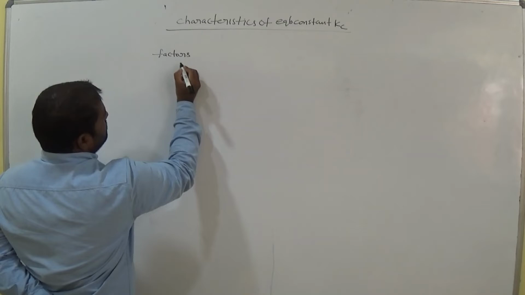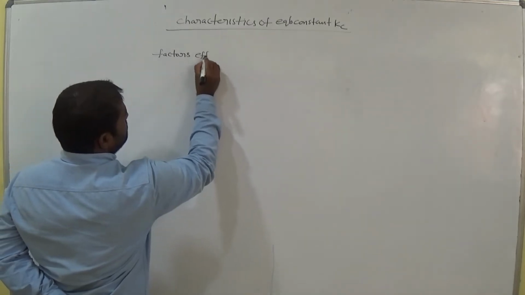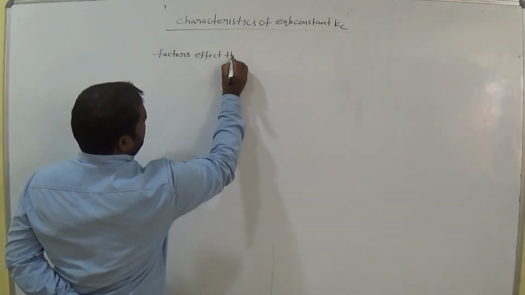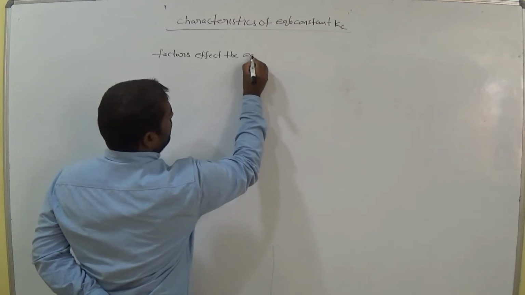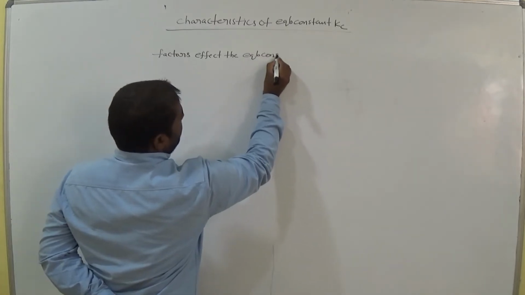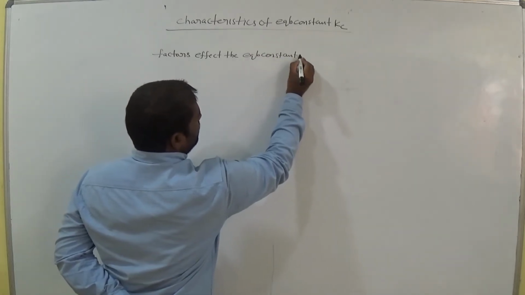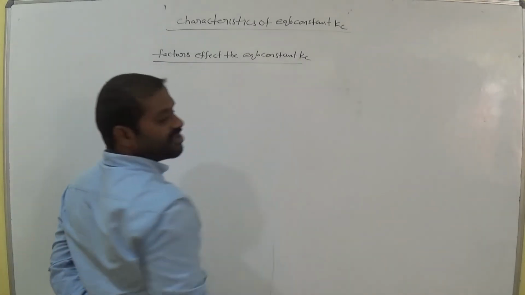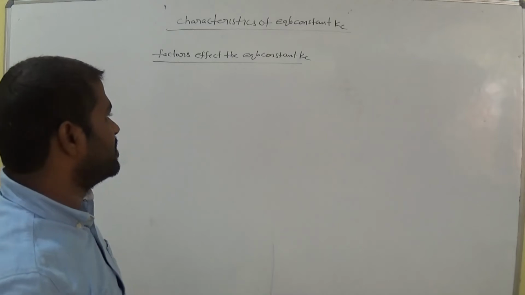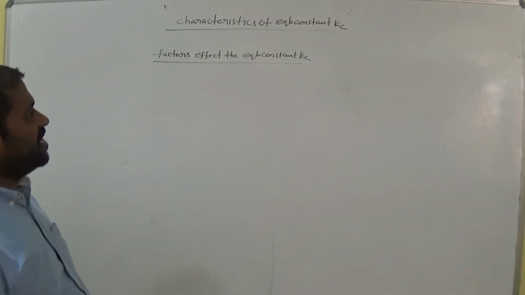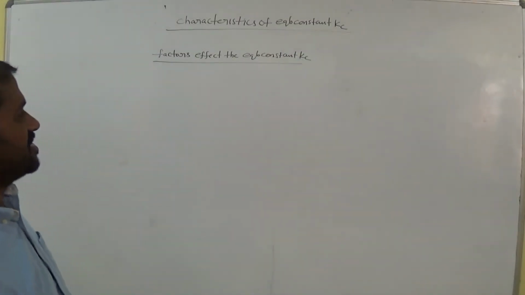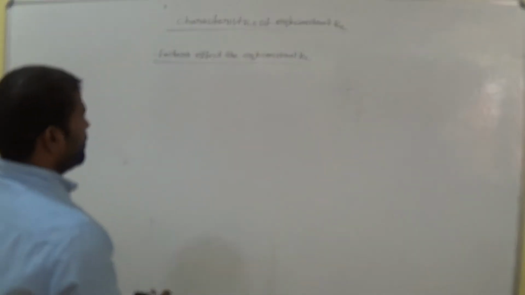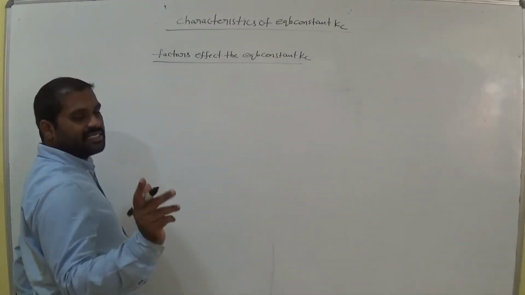That means on which factors the equilibrium constant Kc depends. Factors affecting the equilibrium constant Kc. Okay. Here we have two factors.